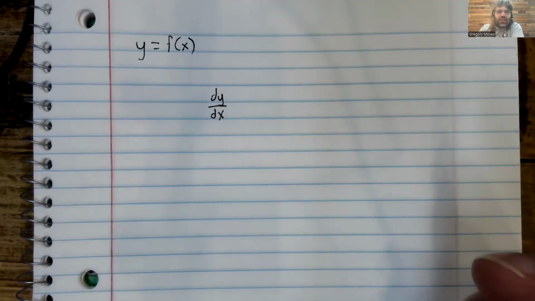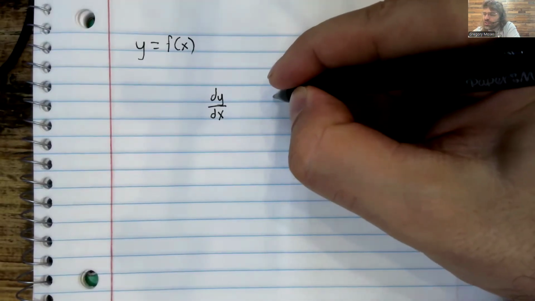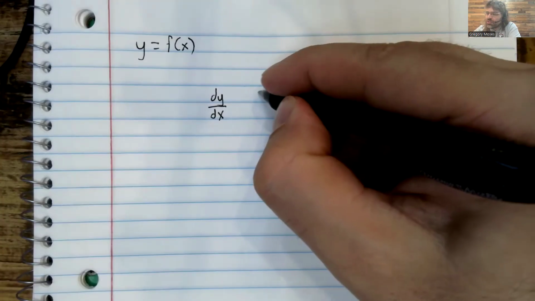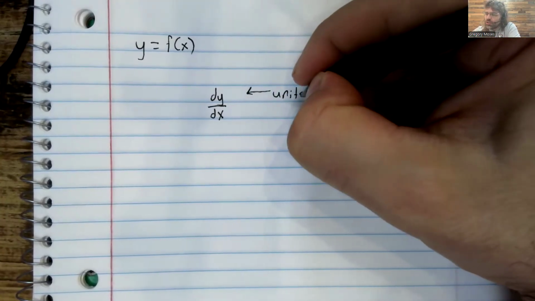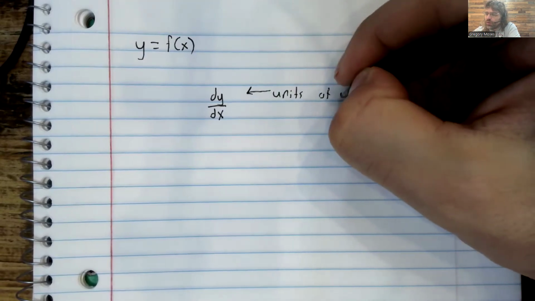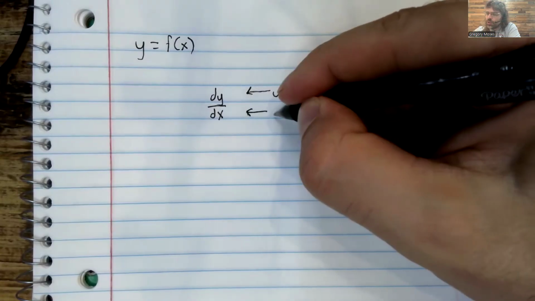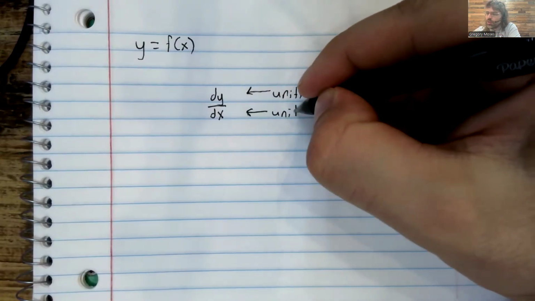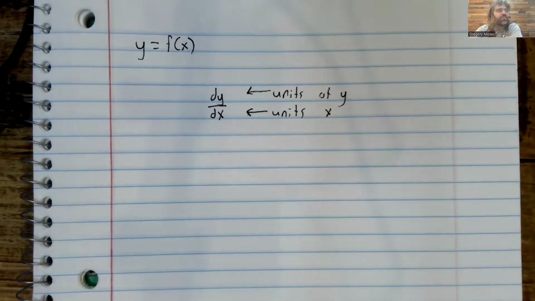If the derivative we're looking at is dy over dx, then its units are simply the units of y over the units of x.